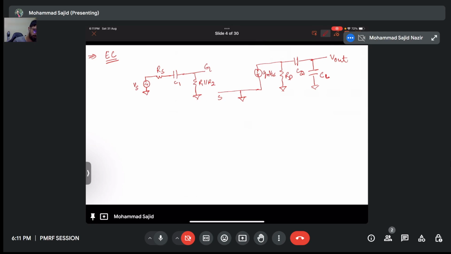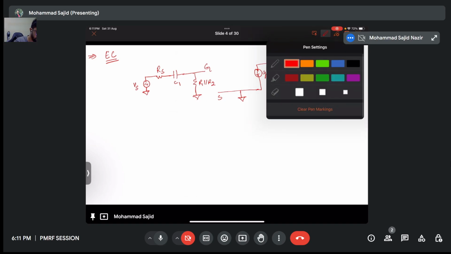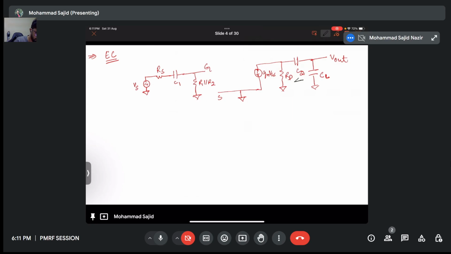Now we need to find the output resistance corresponding to the output capacitance. So we will have this resistance. And when we find this, we will attach a test source of Vx and Ix.